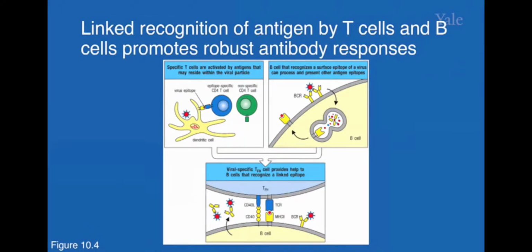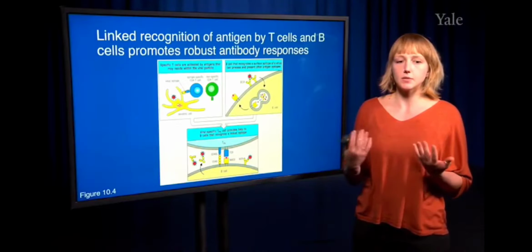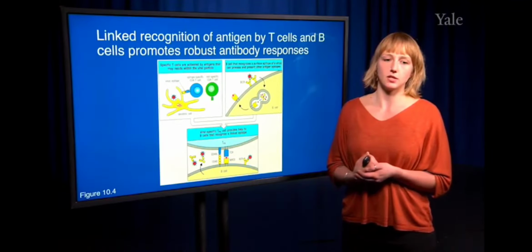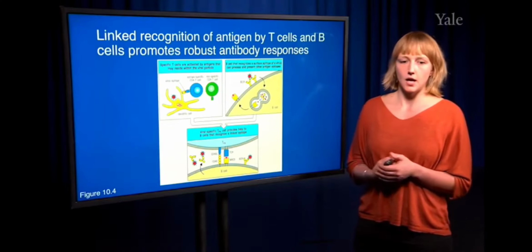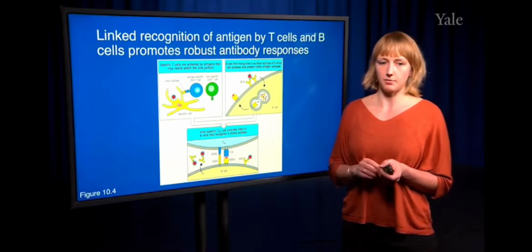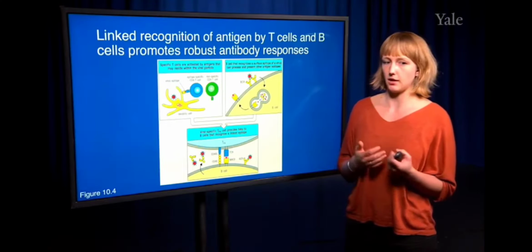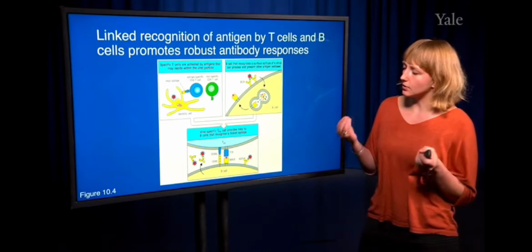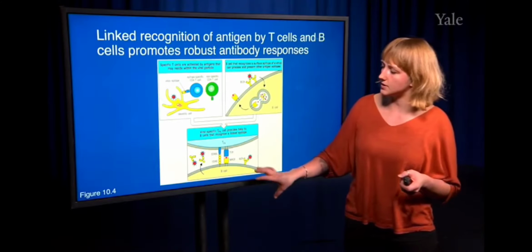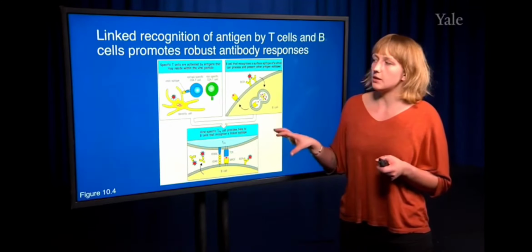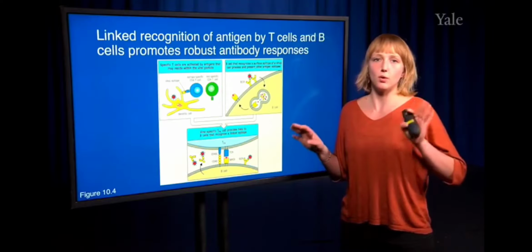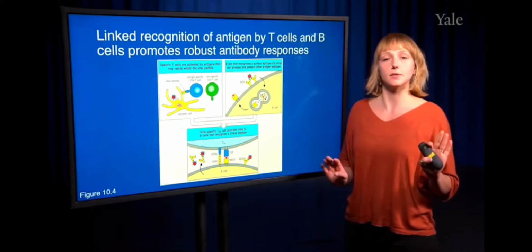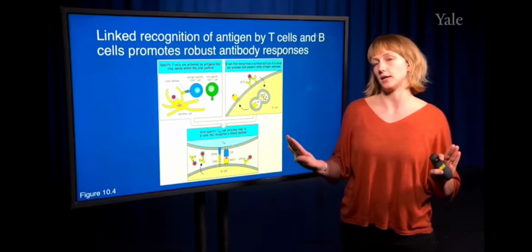This is really important because TFH cells provide help for producing opsonizing and complement-fixing antibodies that block viral entry into infected cells. These TFH cells are really the link between the different epitopes that the CD4 cells recognize and the B cells recognize. So we want to make sure that there's linked recognition.